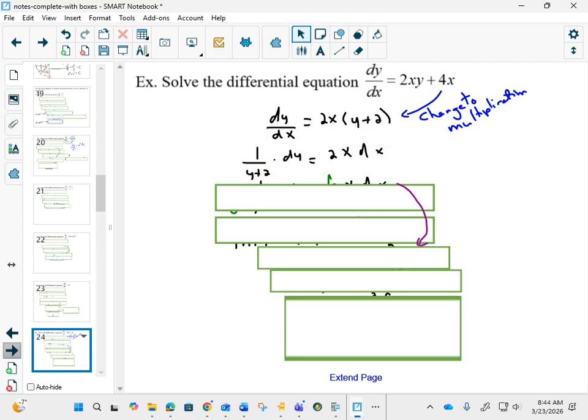If you just add and subtract, we've never done an integral of dy plus y.